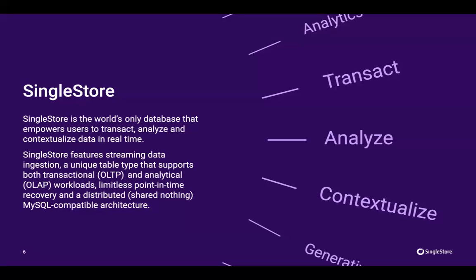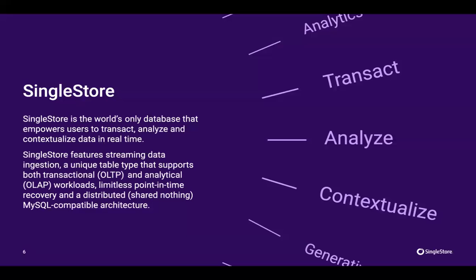Subsequently added support for columnar data for analytics, so you can do these operations, sum, min, max, average, count at scale and speed. And what the company did then was to develop this unified table type, which can store both types of data. There's a patent for it as well.